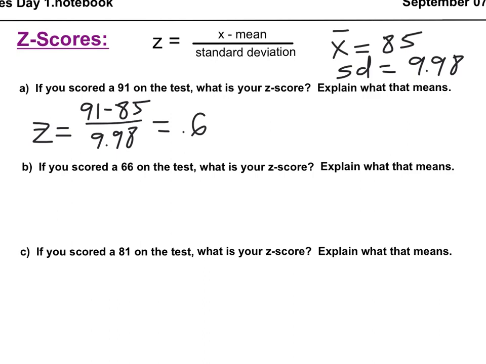That's easy enough, but then what about this part of explaining what it means? Okay? All we did was change the units. All we did is change the units. After we have a Z-score, your units aren't percentage points on a test anymore. They're now in standard deviations. Okay?